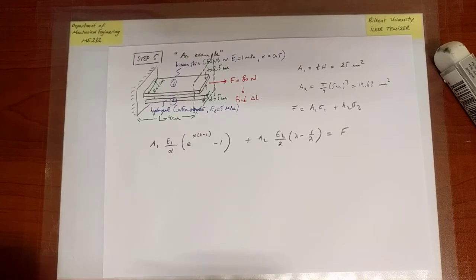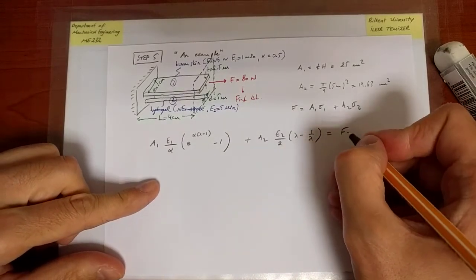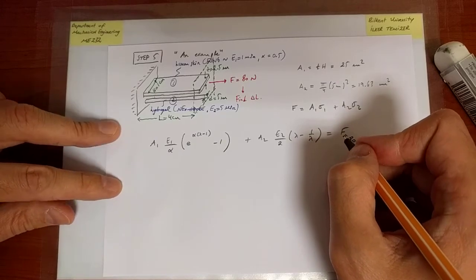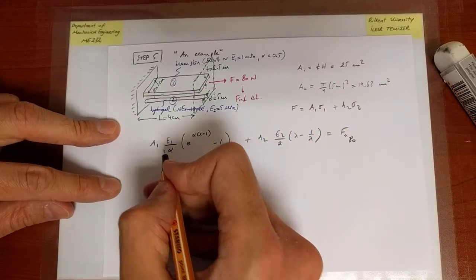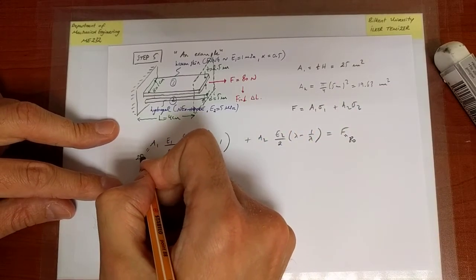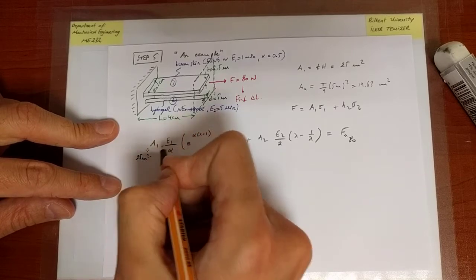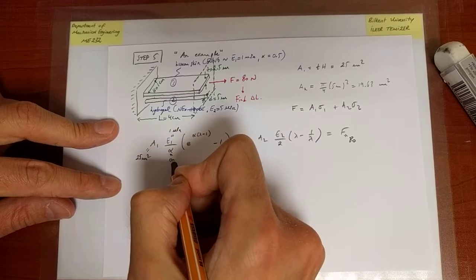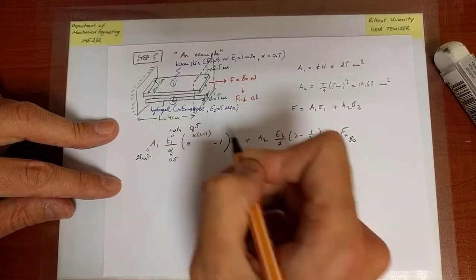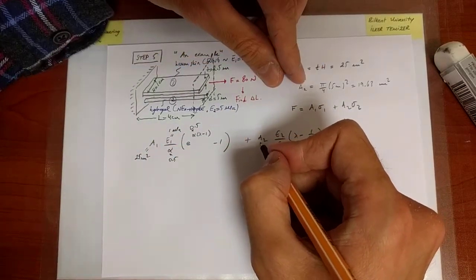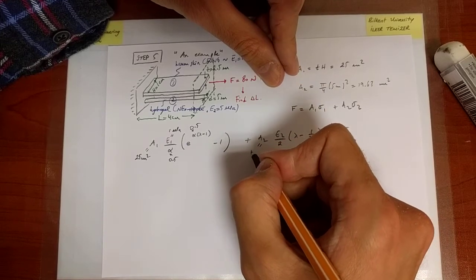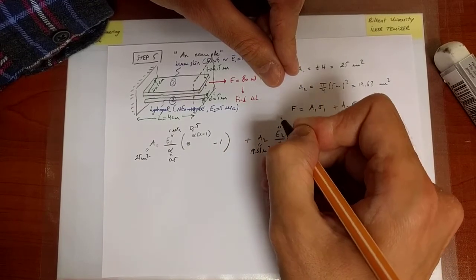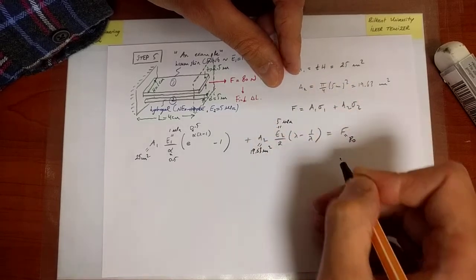Now, the force is equal to 80 newtons. The area is 25. The first one is 25 millimeters squared. This one is 1 MPa. Alpha is 0.5. A2 is equal to 19.63 millimeters squared. This one here is 5 MPa, and that's it.